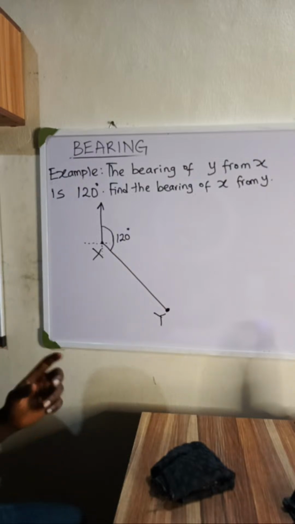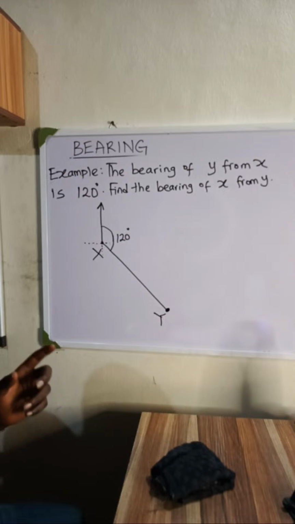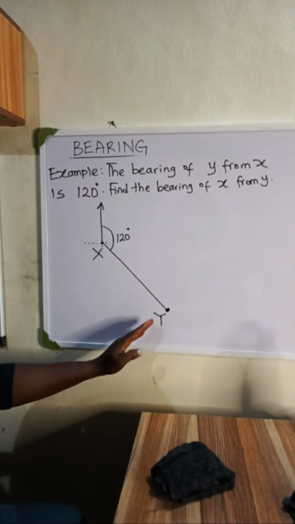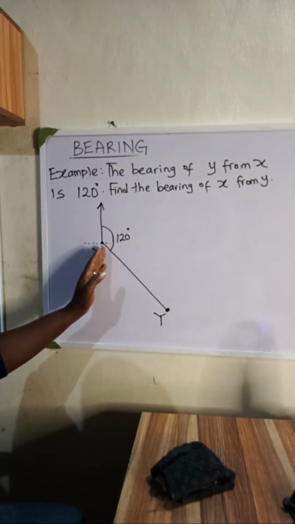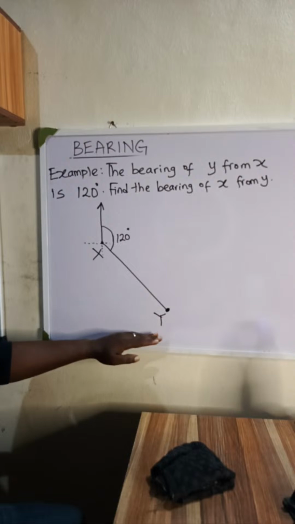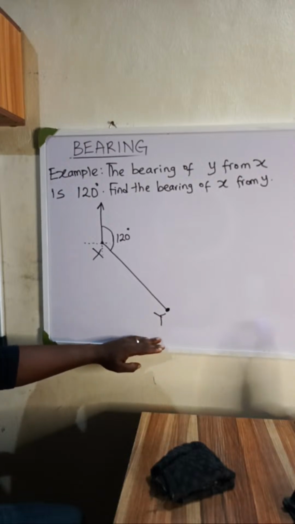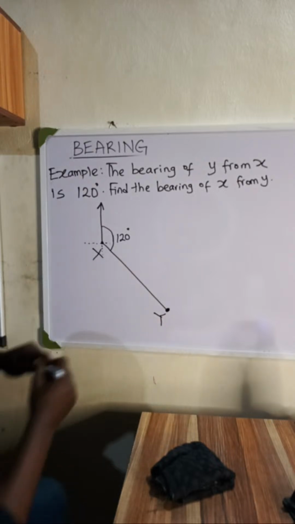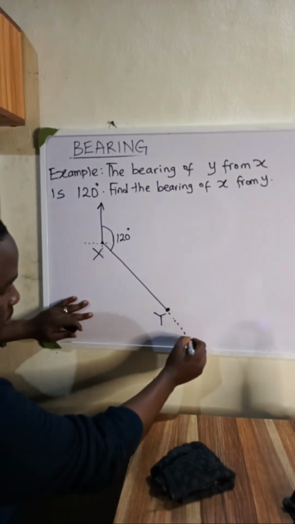Next, we want to locate the bearing of X from Y. This means we want to go back to X. Probably we were on a journey, we went to Y to do something, and we've done what we wanted to do. We want to go back to X. So what direction are we going to go? Are we going to continue in this direction?